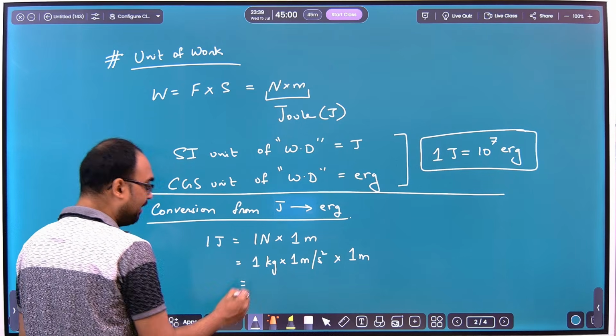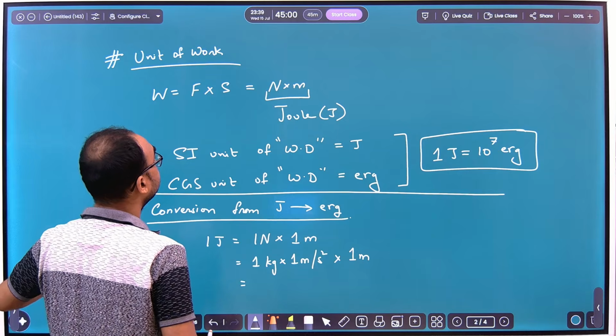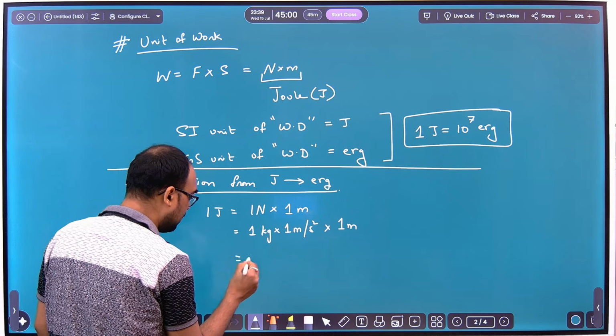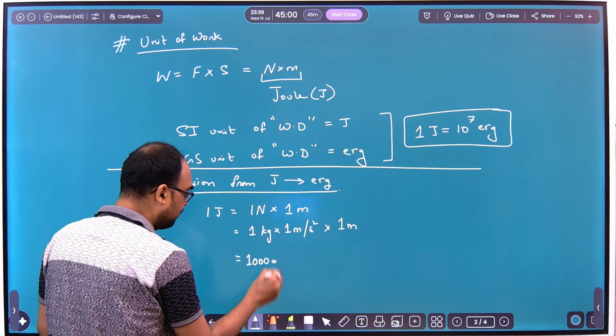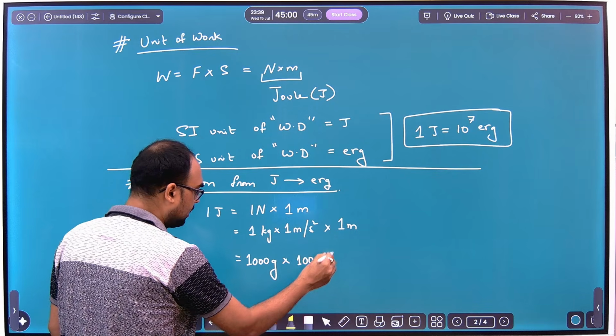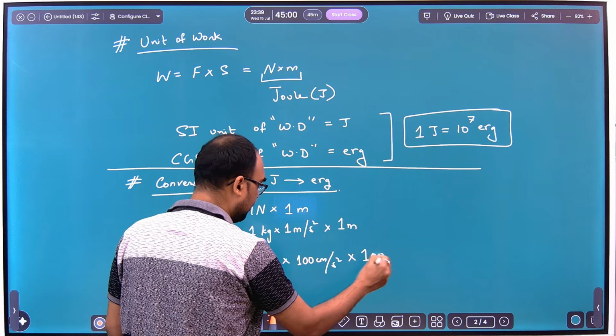Now converting everything into its CGS unit, 1 kg is equal to 1000 gram, 1 meter is 100 centimeter per second square into again 100 centimeter.